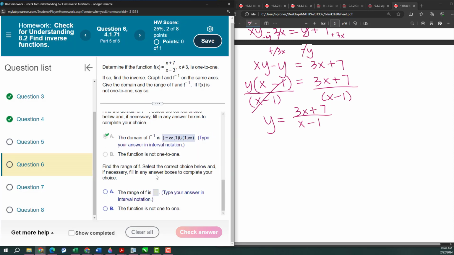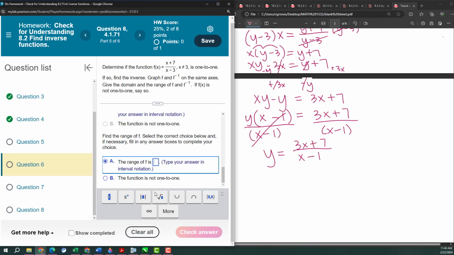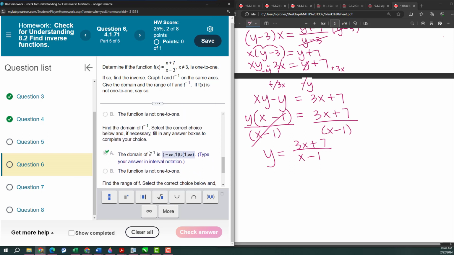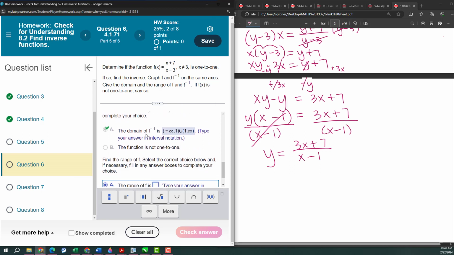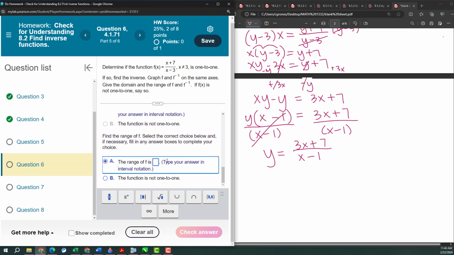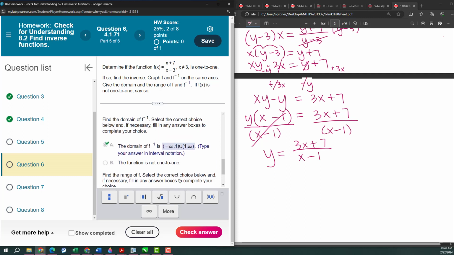All right, for our range, our range of our function is going to equal the domain of our inverse. So the range is going to be negative infinity to 1, and then 1 to positive infinity.